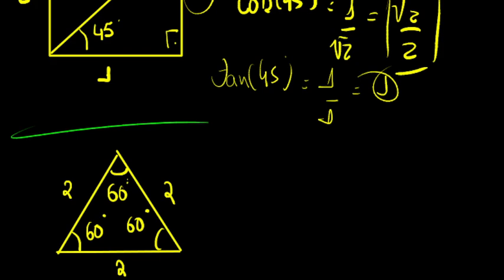So we get an equilateral triangle with all three angles 60 and the side 2. We can trace a height here, and let me verify this triangle right here.